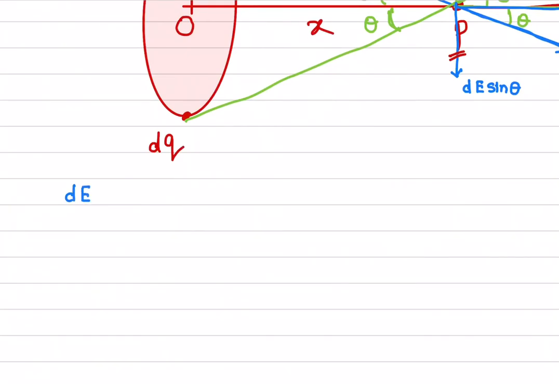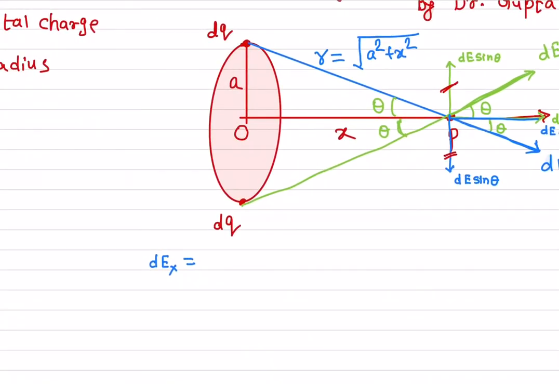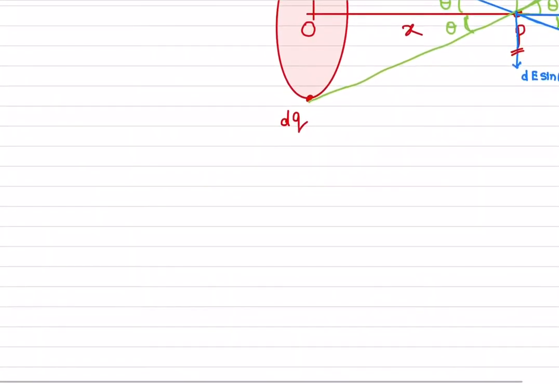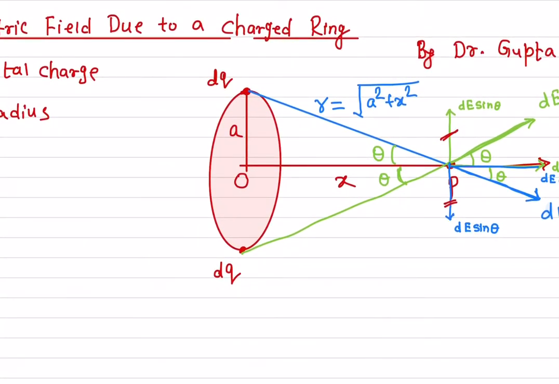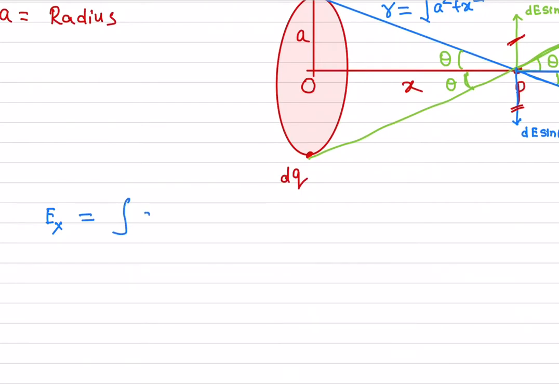The total electric field due to these two tiny charges, which is along the x-axis, can be given by, let me write it this way. The total electric field has only the x component, because as you see the y component cancels out. It is given by dEx.